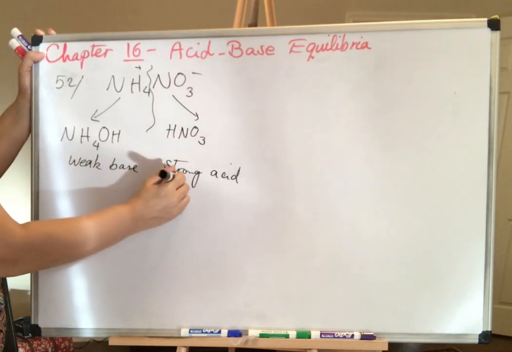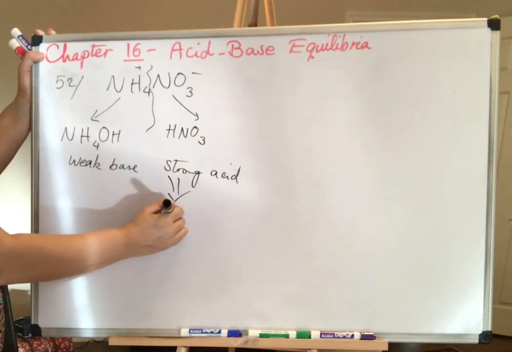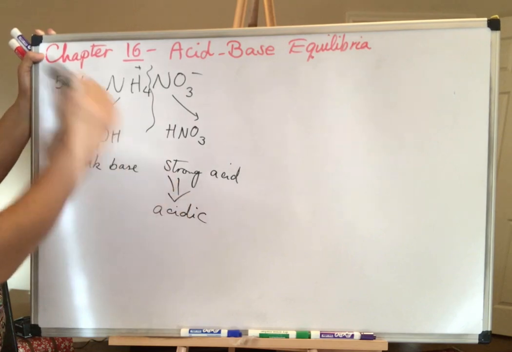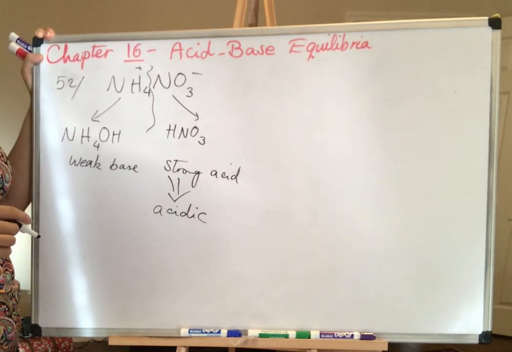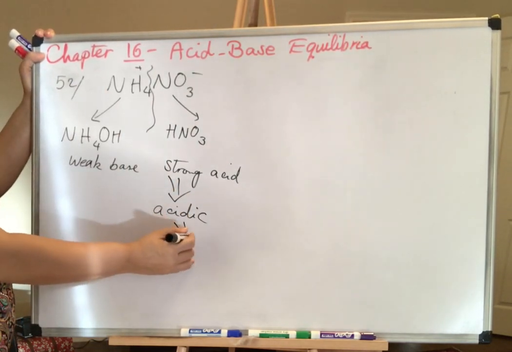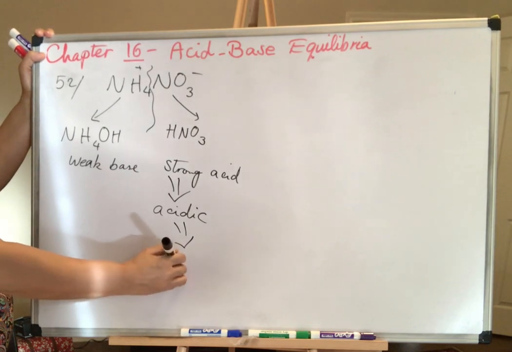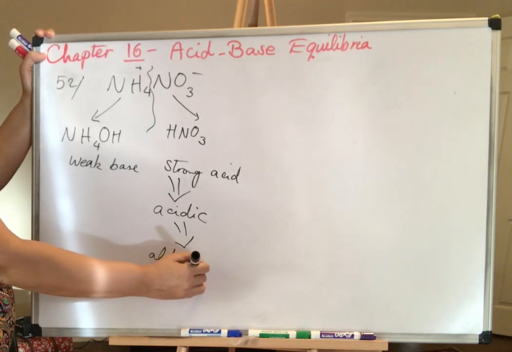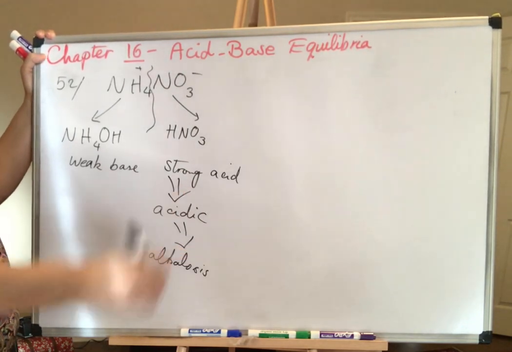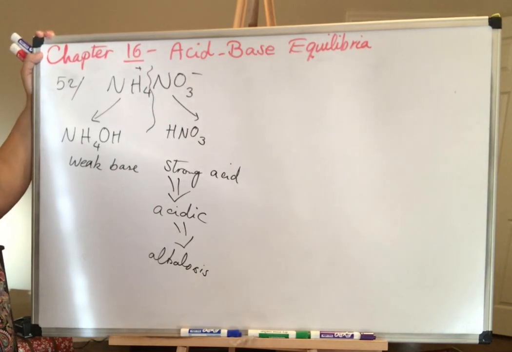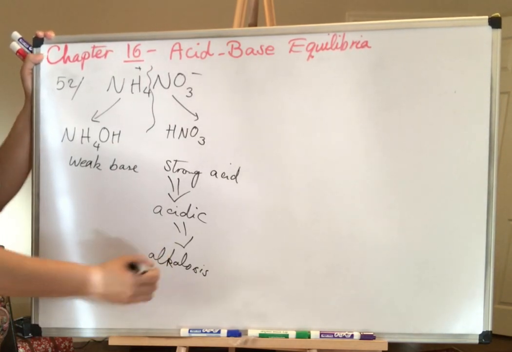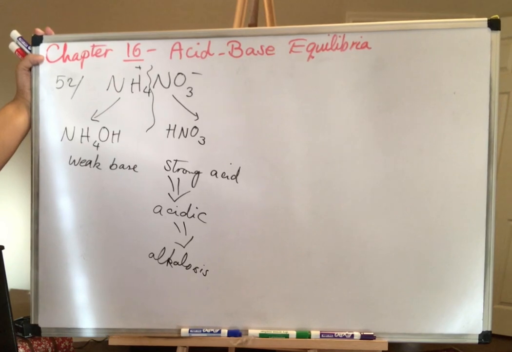The acid. So the solution is acidic. When you have an acidic solution, you use it for alkalosis, when the pH is higher than 7.40.